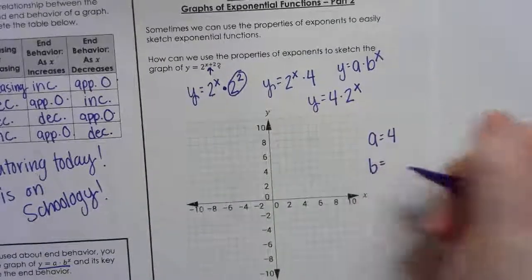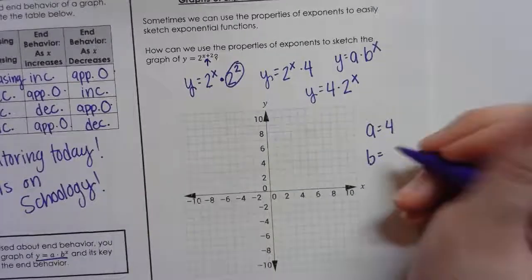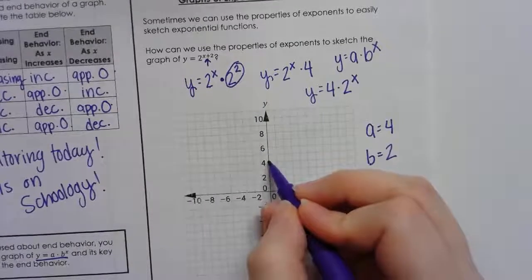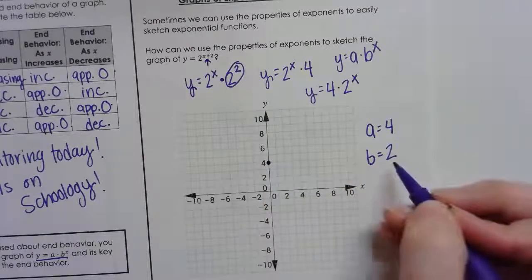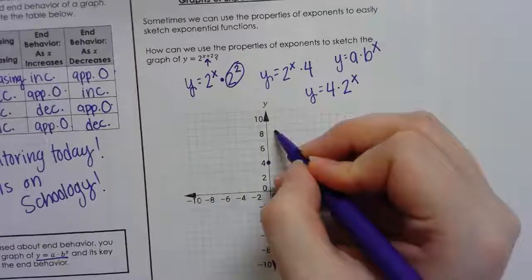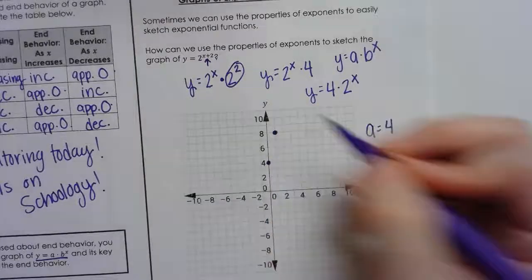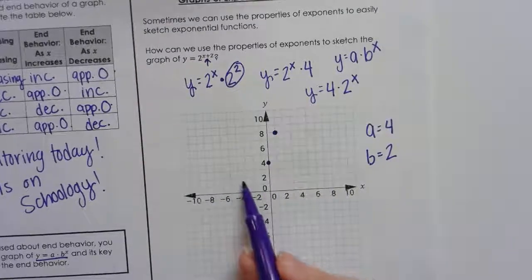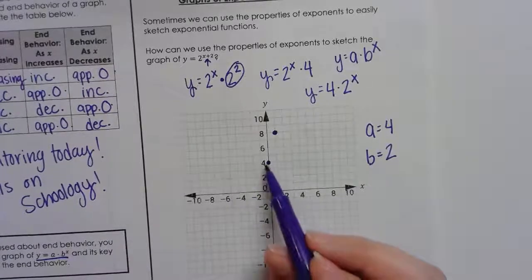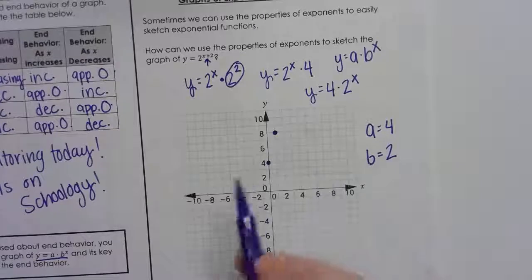And what's my common ratio? 2. So my y-intercept of 4, I'm going to graph, and then my common ratio of 2: 4 times 2 is 8, 8 times 2 would be 16. When I'm coming this way on the graph, instead of multiplying by 2, I'm dividing by 2.